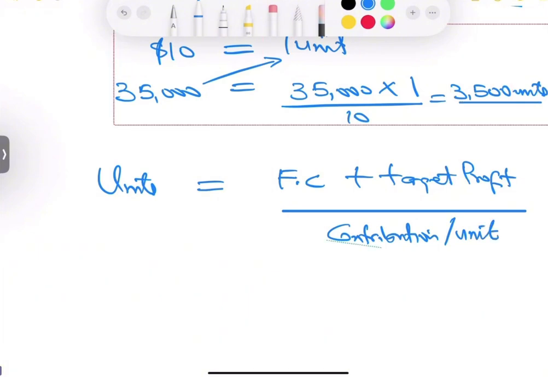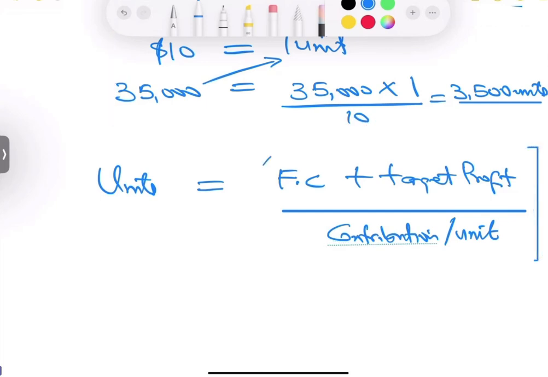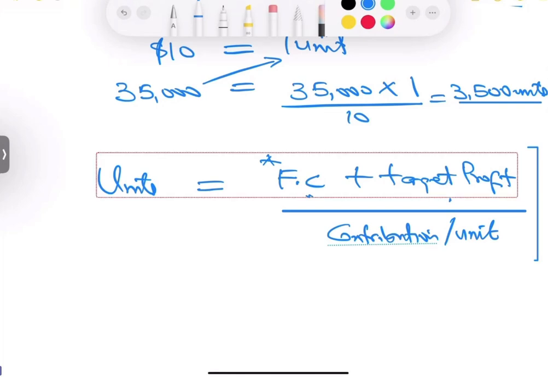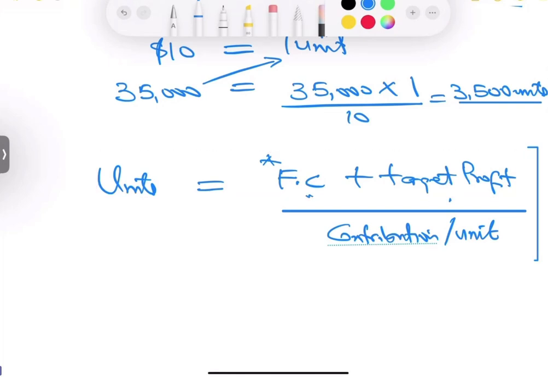You can see that the formula is getting more now. But the good thing is, with your understanding, even if you have to memorize this formula, you can already see why you are adding this and this together up there, because your numerator is actually your contribution. So you're practically just saying total contribution divided by contribution per unit is equals to number of units. That's what you're saying.